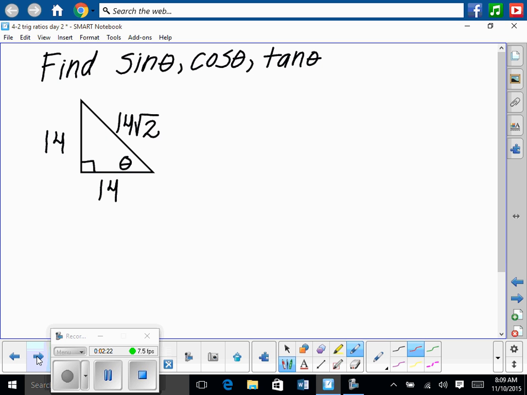This one is another quite easy one, but I'm going to make a point so that hopefully I make a connection that makes rationalizing the denominator a little bit easier. So sine of theta, cosine theta, tangent theta. We set up the same thing.